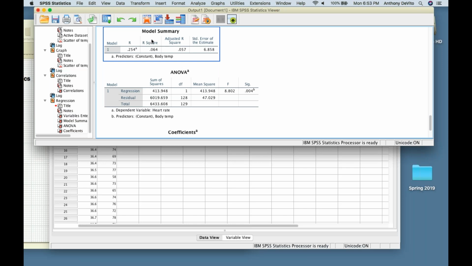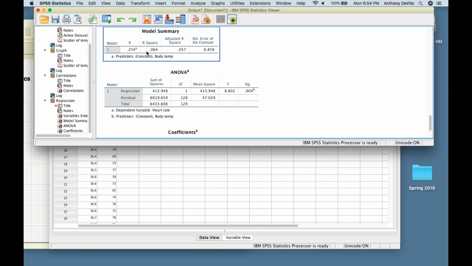Well, it tells us that based on R squared, it only predicts about 6% of the variability. Say if each one of the people in this study had their body temperature go up, not 10 degrees, they'd be dead, right? But like 4 degrees or something like that, what their resulting heart rate might be.